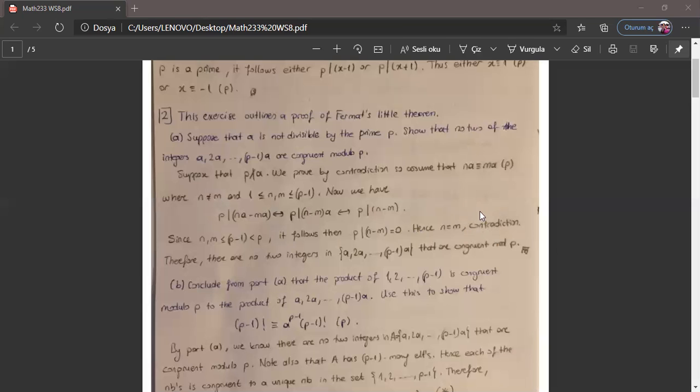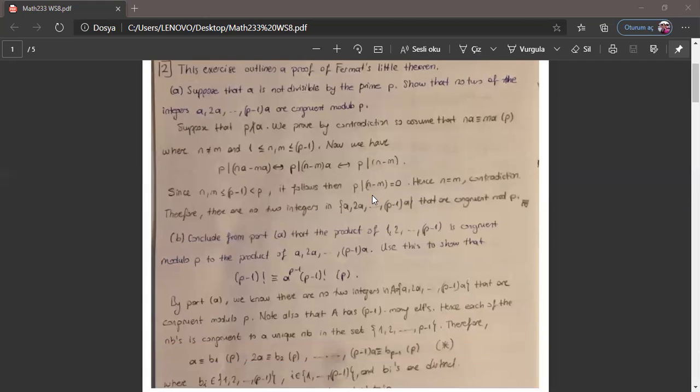So this contradiction says that the assumption that we assumed before is wrong. So what was the assumption? It was this and this. As this is wrong, n and m are equal, and so there are no two integers among these numbers that are congruent.